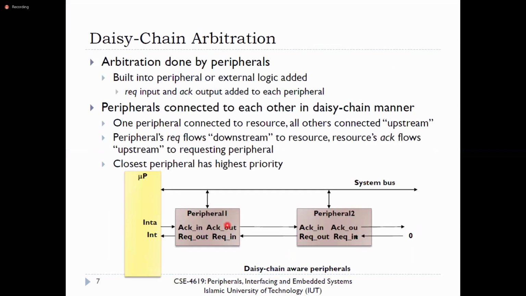Also we have talked about the daisy chain architecture, without any additional circuit, where the downstream IC schedules between the peripherals, and usually the closest peripheral has the higher priority and the distant peripheral has the lower priority.